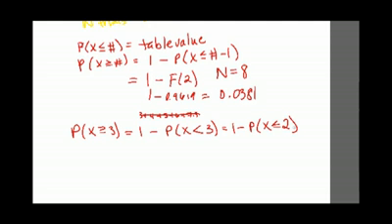So then at that point we would have to do 1 minus probability of x less than or equal to 2. It would be x is equal to 0 plus probability of x equals 1 plus probability of x equals 2.